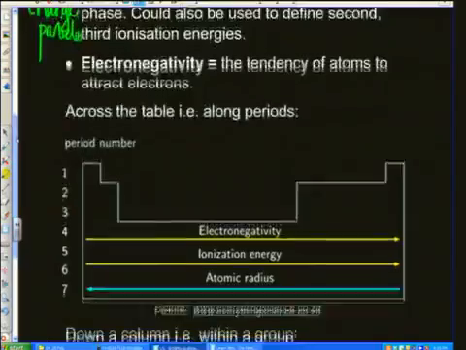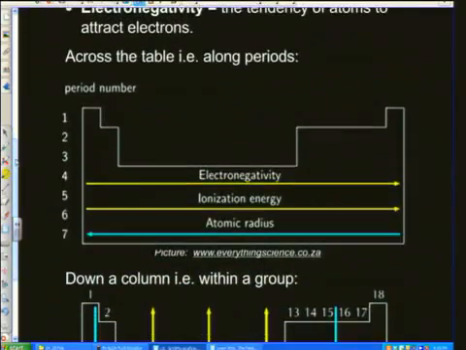There are a number of trends. As you go across the table, along the periods, along the rows, there will be certain trends. What you need to notice is that electronegativity increases as you go across, specifically highest in the halogens. Why?